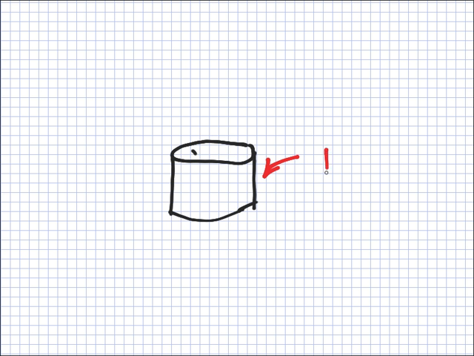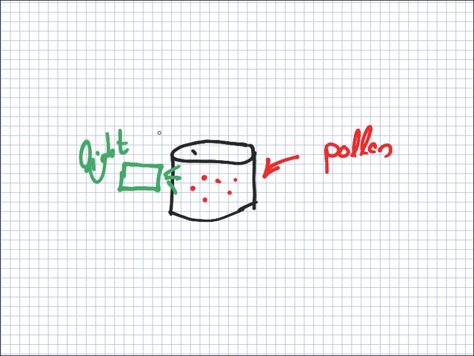So you could put some pollen inside of this, okay? You're also going to need some kind of light source as well. So maybe we'll put our light here. It's our light source. A microscope would be helpful.